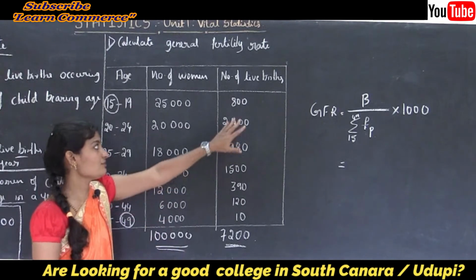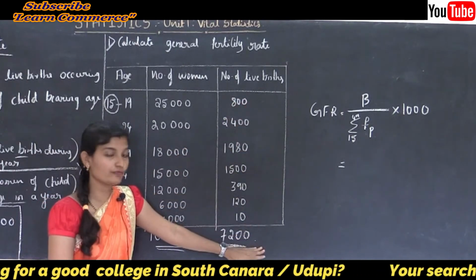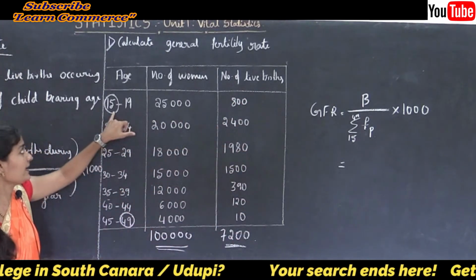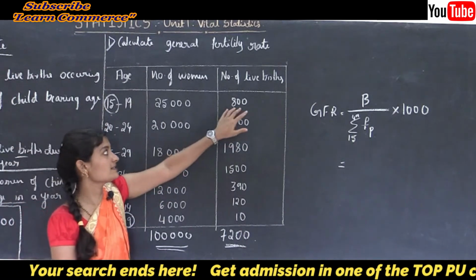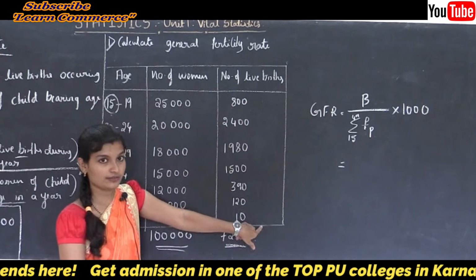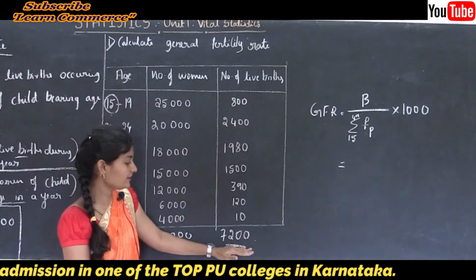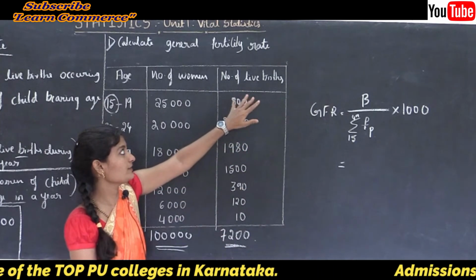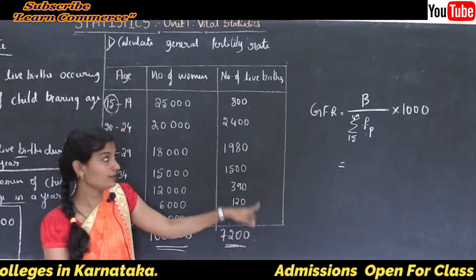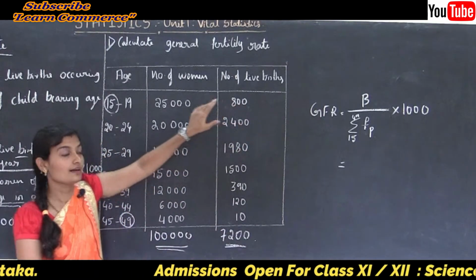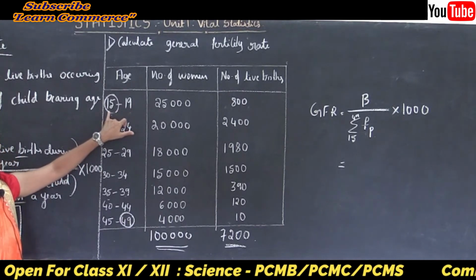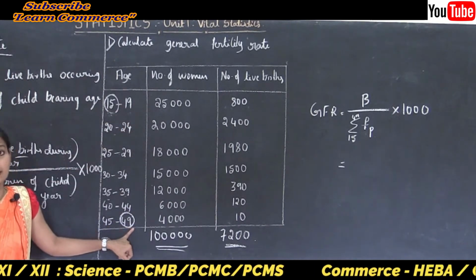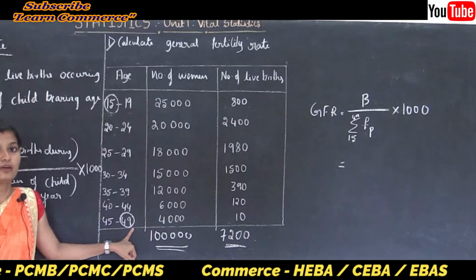Similarly, here also before calculating the total, we have to see the age group. Here the age group is 15 to 49, so we have to consider from here to here. We have to find the total number of live births from here to here, because these observations lie between 15 to 49, the childbearing age of women.